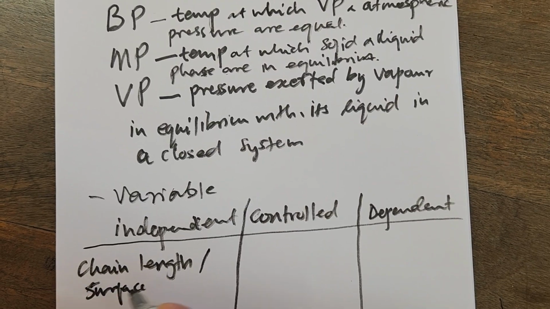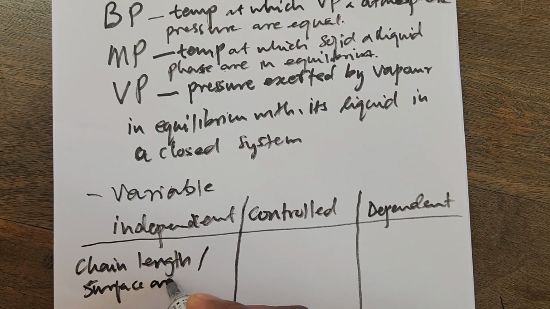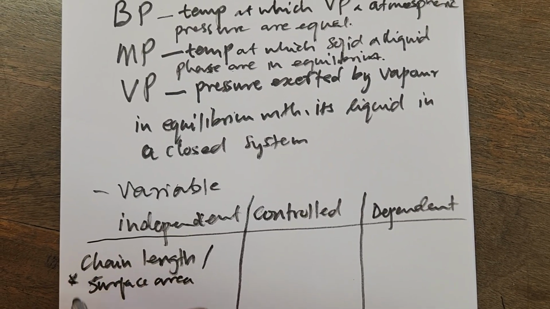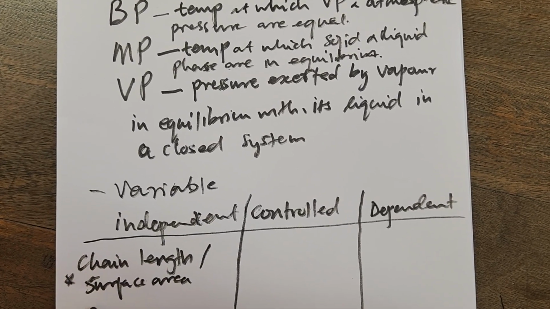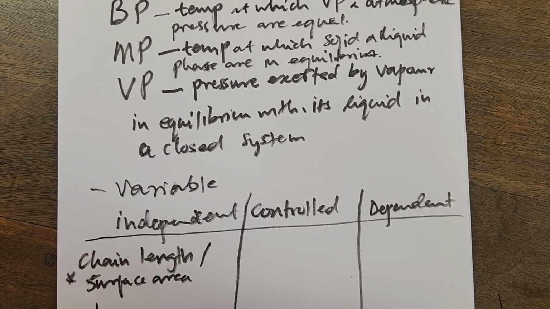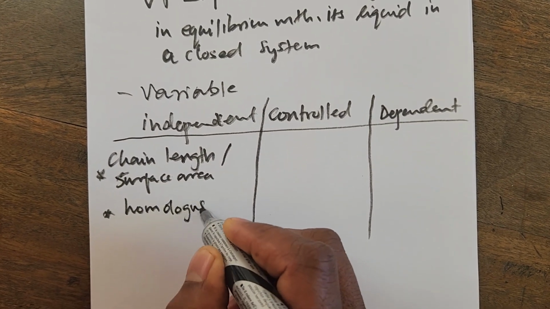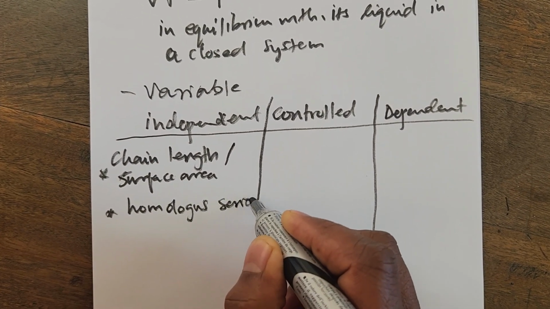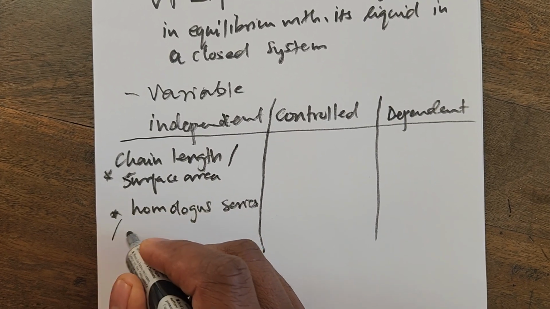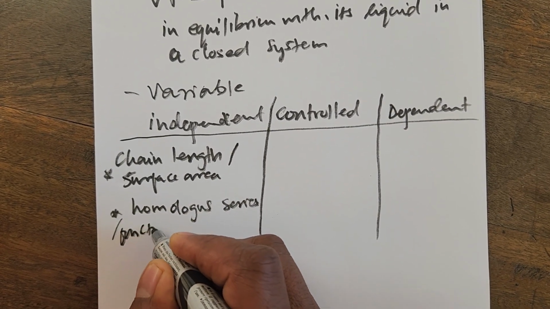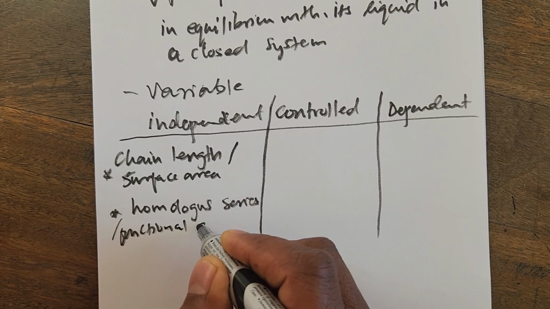So the longer the chain length, the greater the surface area. Number two can be the homologous series. Once you entertain homologous series, indirectly you are talking about the functional group.